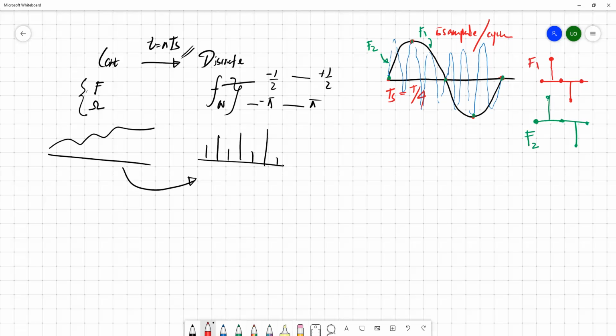But if you map this signal into the analog domain, we realize that this discrete signal in red is mapped to this black signal, which has an analog frequency of F1, and the discrete signal highlighted in green is mapped to this analog continuous sinusoidal signal in blue, which has a frequency of F2.